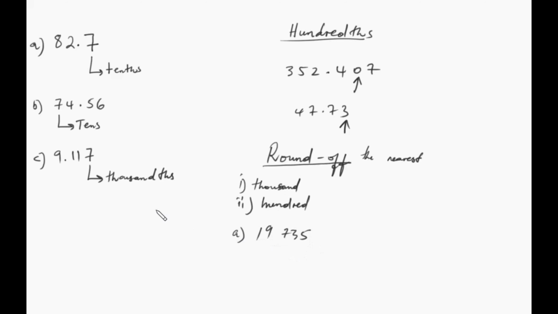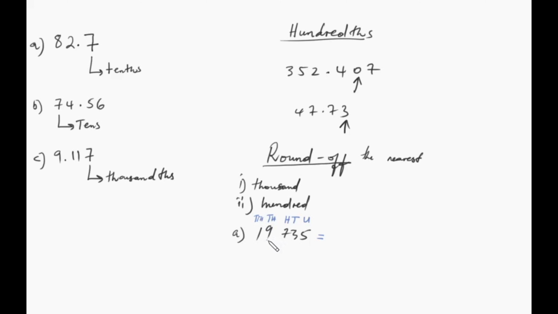If you want to round this number to the nearest 1000, what you are going to do is this. This is the unit. This is the tens. This is the 100. This is the 1000. This is the 10,000.